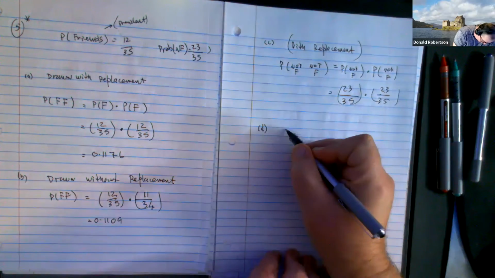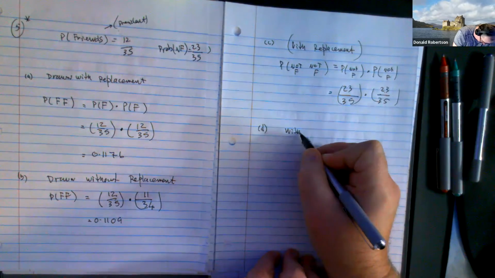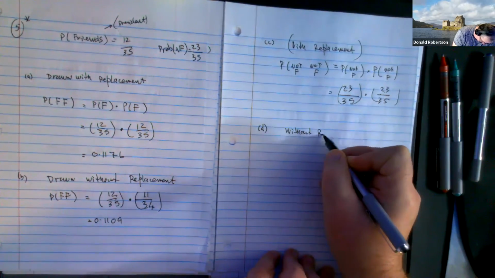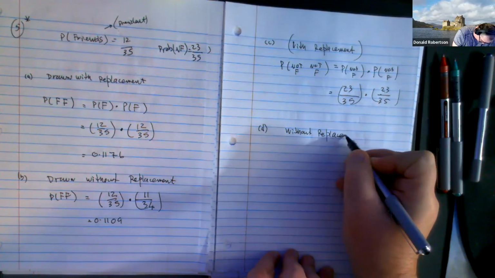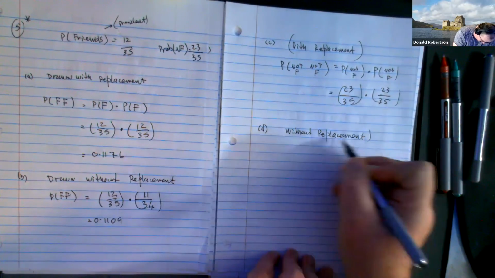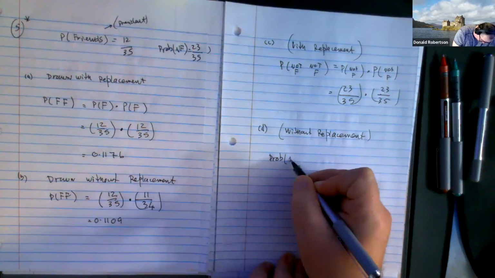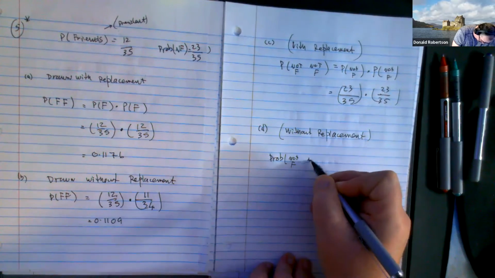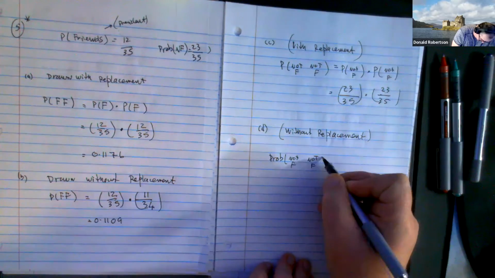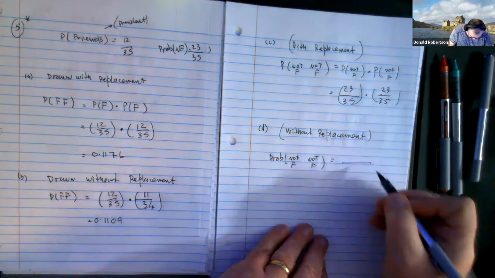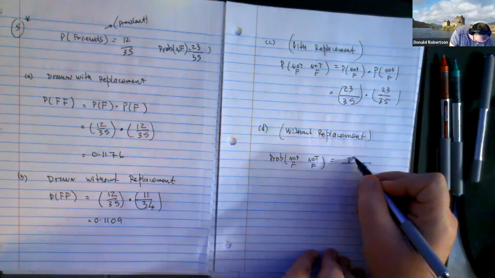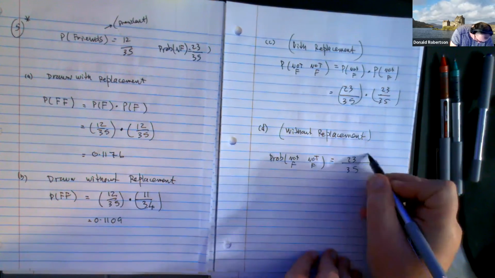Now, the last one is without replacement. And they want to see this probability. So the probability that it's not a friend in both cases would be, well, 23 out of 35, that's the first one.